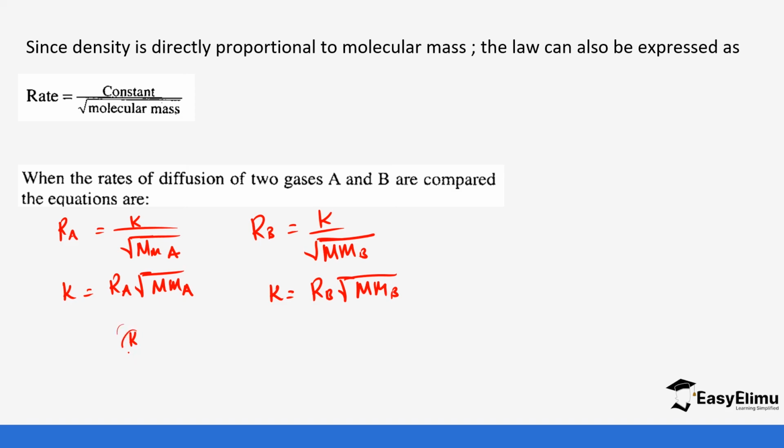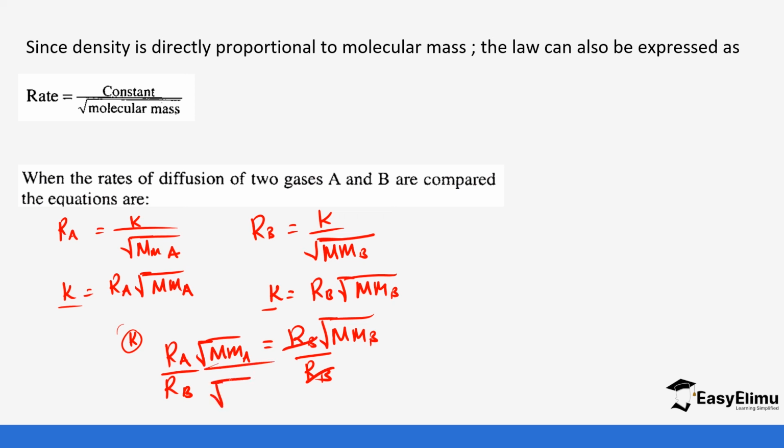If we put the constants together, because it's the same constant either way, we equate them: the rate of A times the square root of the molecular mass of A is equal to the rate of B times the square root of the molecular mass of B. If we want to be left with the rates on one side, we divide both sides by the rate of B and by the square root of the molecular mass of A, so these cancel.